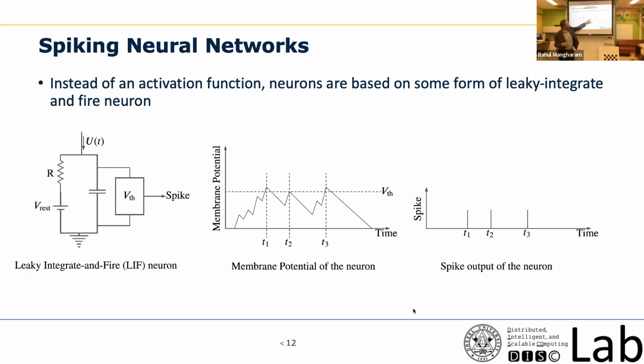At certain instances it crosses this threshold, and those are the instances where a spike is generated. This is how your spiking neural network works. This membrane voltage is inside the neuron, whose potential increases and decreases based on whether you have spikes or not, and whenever it crosses a threshold, it will emit spikes, as you can see over here.